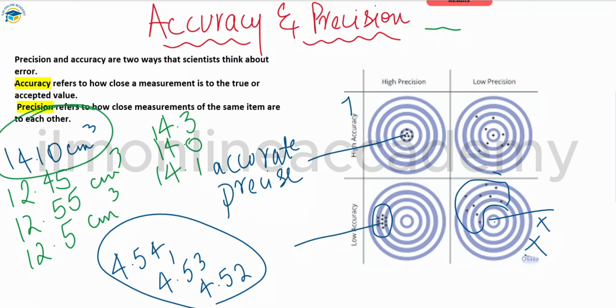So you can see the difference between the true value and how close the measurements are. The first data is more precise because the values are closer to each other, and the second one is more accurate because the values are closer to the actual or standard one. So this is the difference between accuracy and precision.